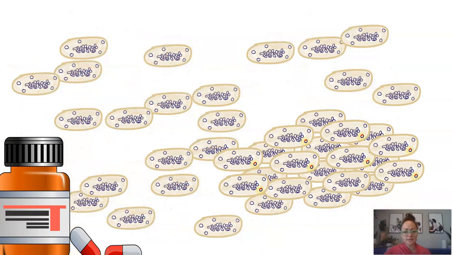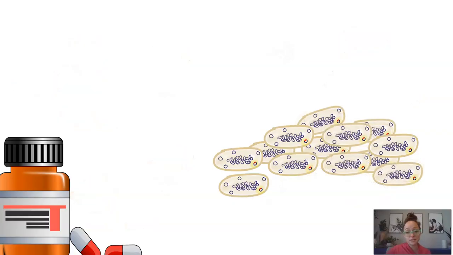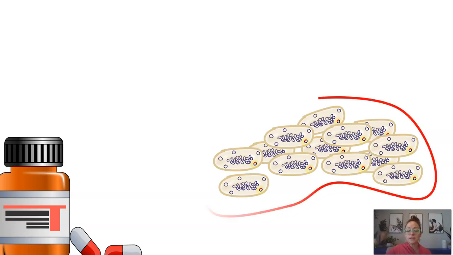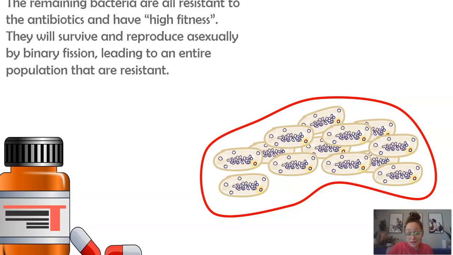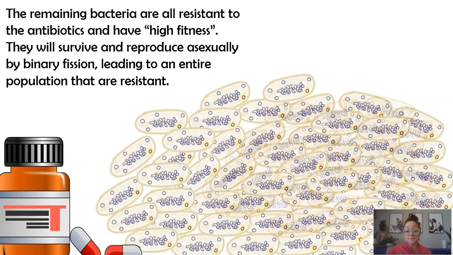But what we notice is that the antibiotics are really only effective against the bacteria that don't have that mutation for antibiotic resistance. So by the end of your course of antibiotics, you have a group of bacteria that are resistant to them. Now they're going to double and multiply.